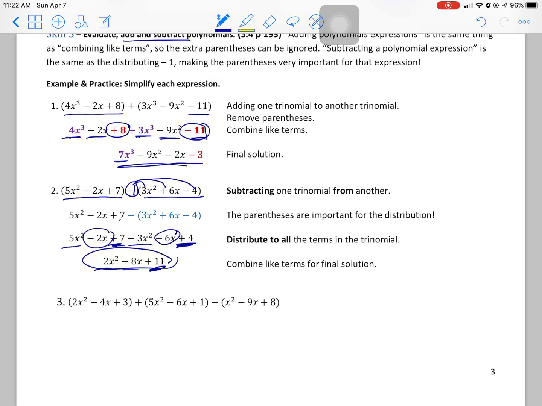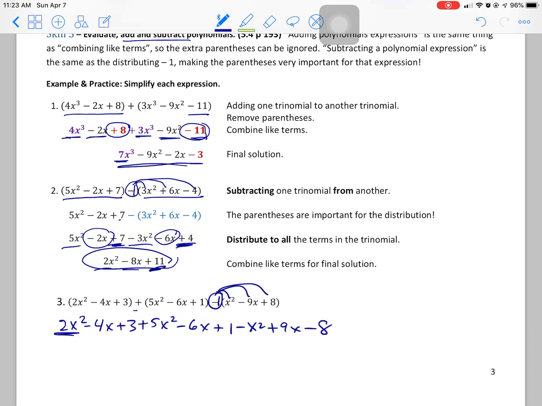All right, this one here, let's see, that's all positive, as in it's not raised to a power, it doesn't have anything next to it. I'm just going to write it down. This is not a negative, so this can just be all mashed together too. But then this one is a negative 1 that needs to be distributed. So negative x squared. Negative is a positive. Negative is a negative.